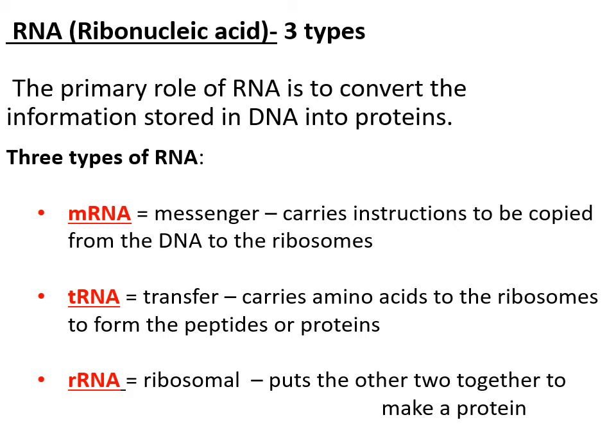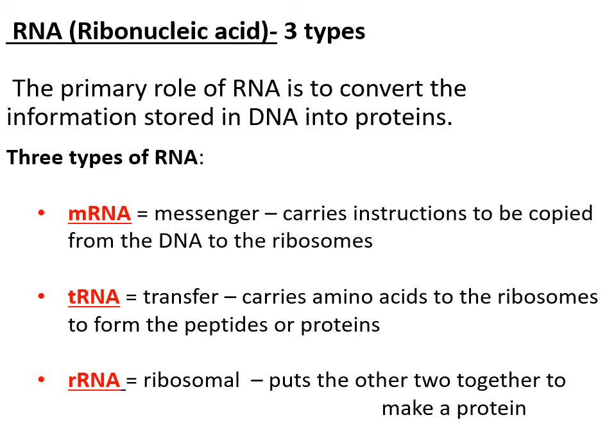Then we have what's called transfer RNA, which is the RNA that carries the particular amino acids that are going to code for a particular protein. And there's a good image coming up. So let's just go through the three types and then we'll go to the image.